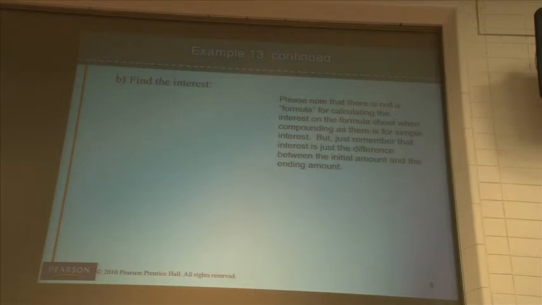Part B, find the interest. To find the interest, all you have to do is subtract the amount that you actually deposited. How much have you actually deposited into this account? 3,000. You deposit 1,000 at the end of the first year, 1,000 at the end of the second year, 1,000 at the end of the third year. So let's make a note of that. That's how much you actually deposited.